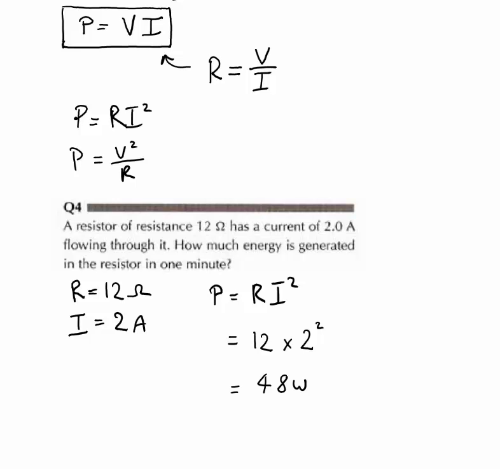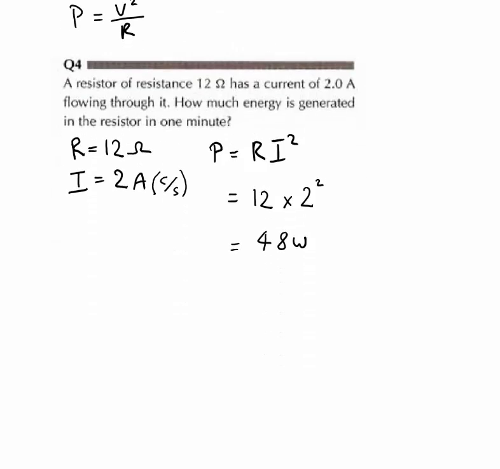In 1 minute though, so this is per second because the current is always in coulombs per second. I should write that over here. This is coulombs per second. So that's the amount of energy, or the amount of joules per second. I could write that here, joules per second.